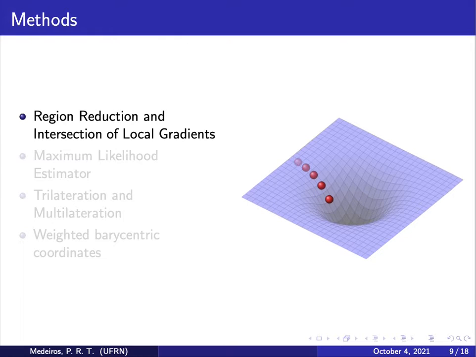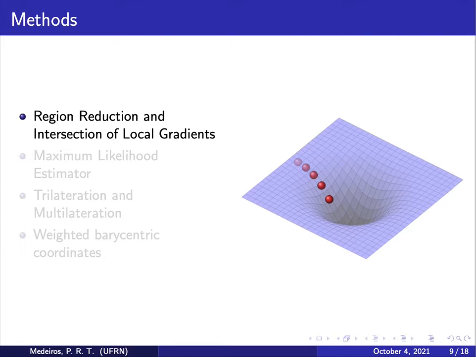We propose using this information in methods based on gradient descent, maximum likelihood estimator, multilateration, trilateration, and weighted barycentric coordinates to estimate the target position. The local gradient is calculated by the difference between the central fovea and the neighboring foveas. The region reduction method reduces the search region according to the direction of the local potential field.